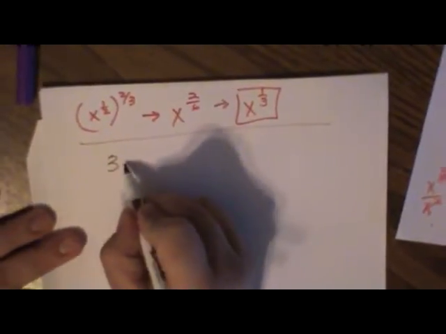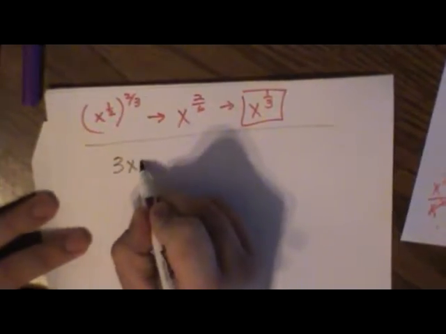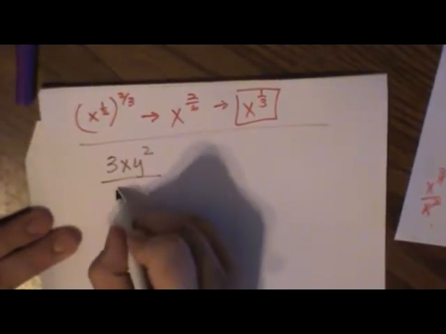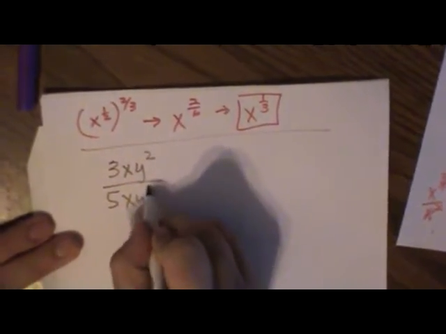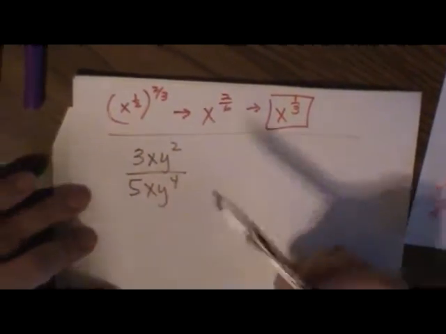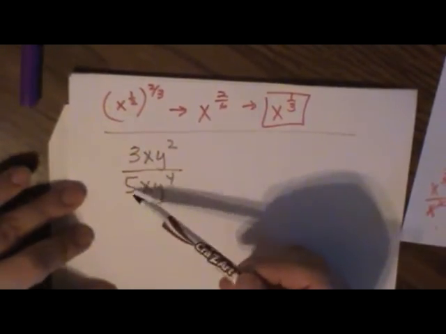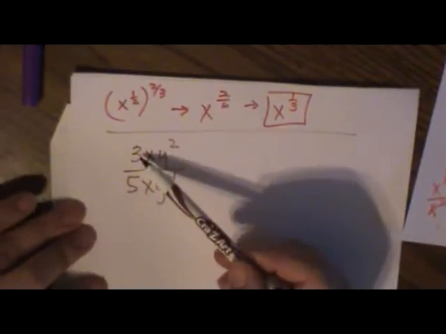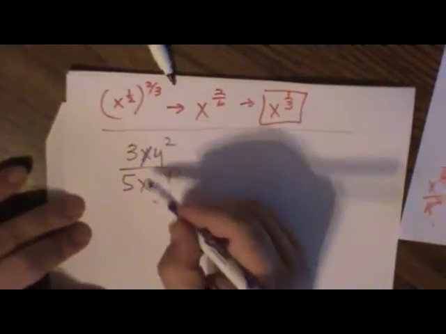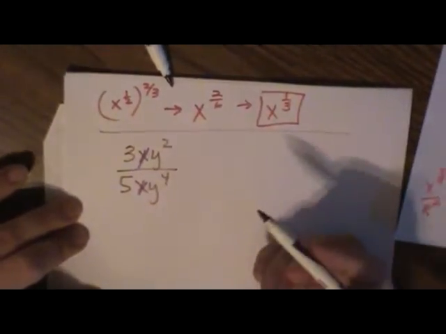Now let's mix it up and get some numbers in there. Over 5x to the y to the 4th. Since they're all multiplying, we can cancel if we want to. We don't have a number that we can pull out on that one, so the numbers would have to stay the same. But we have an x here and an x here. If we cancel those, they would go away.